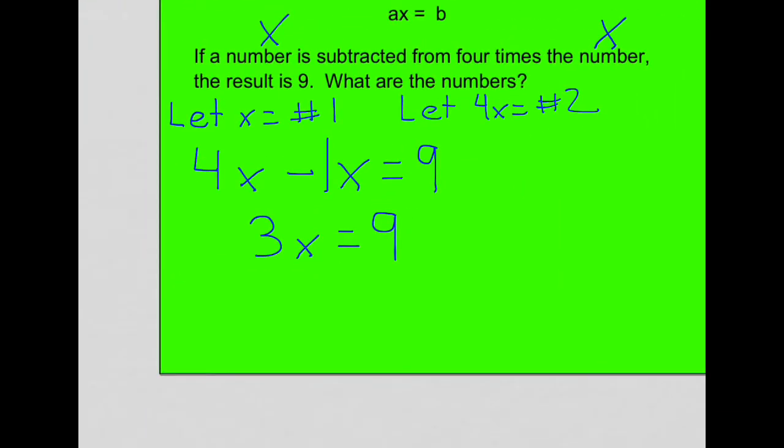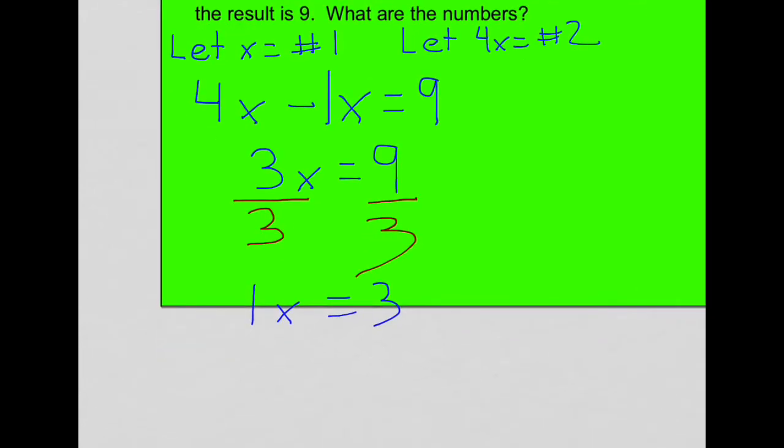Beside the variable is multiply by 3. The opposite of multiply by 3 is to divide by 3, and we're going to write this as a fraction. Divide both sides by 3. And what you get is 3 divided by 3 is 1x, and 9 divided by 3 is 3. And that's the same as saying x equals 3.